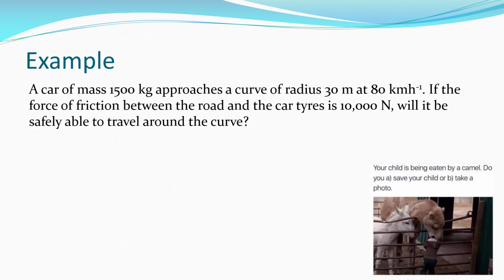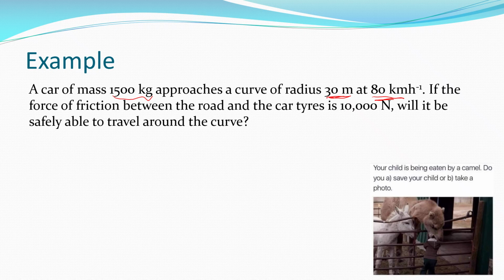Here's another example. A car of mass 1,500 kilos, so there's my mass, 1.5 tonne, approaches a curve, 30 metres is our radius, and I've got a velocity. What's wrong with that velocity? That velocity is not in metres per second, so it's not in standard units. The force of friction between the road and the tyres is 10,000 newtons. It can go around the curve safely.